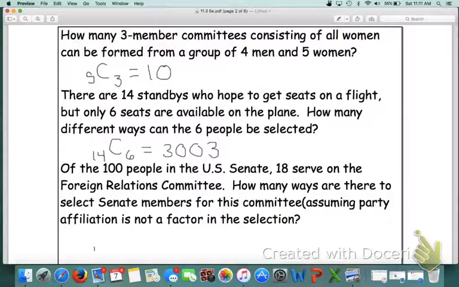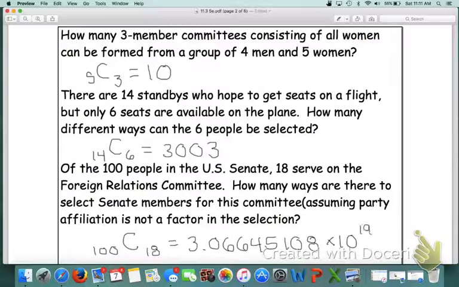So if there are 100 people in the Senate, and of those 100, we want to choose 18, we would find out, this one's a big one, that there are 3.06645108 times 10 to the 19th different ways that these Senate members can be selected for the committee. Okay. That number was so large that I went ahead and wrote it in scientific notation.